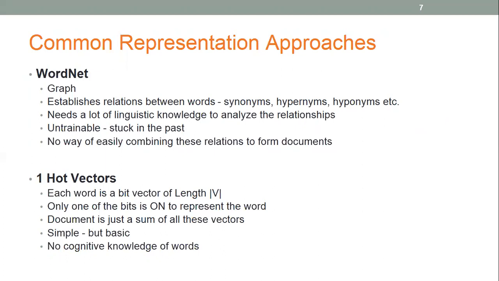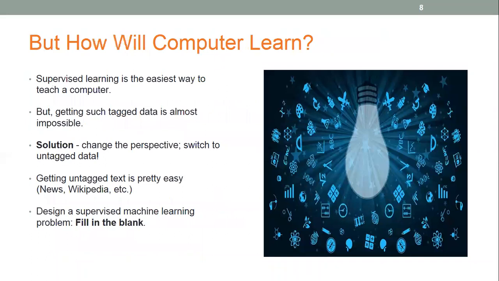So we need to find a better solution to this problem. The thing that the Word2Vec guys did was they just made the computer learn the representation on its own. Whenever we say the computer learning, we go to machine learning, and supervised learning is the easiest way to teach a computer.